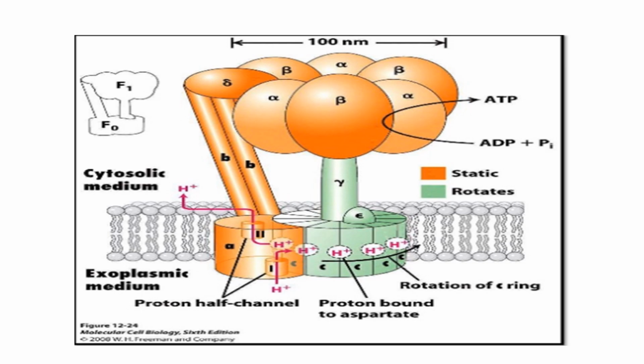This complete F0 and F1 structure is involved in the transportation of H plus ions, and the movement of H plus ions causes the movement of the gamma structure, which causes the movement of the alpha and beta catalytic subunits, thereby causing the synthesis of ATP.